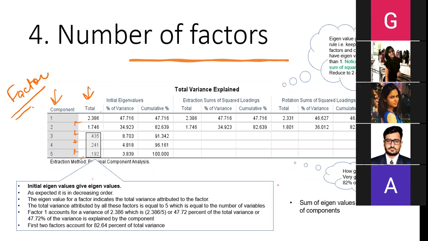Add these, the ones in our first column. Yes, 5. So whatever the number of variables you have, that value you will get once you add all these eigenvalues.